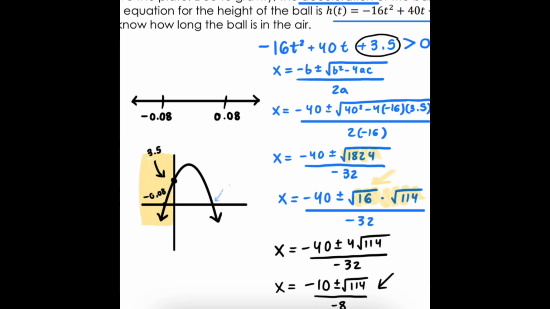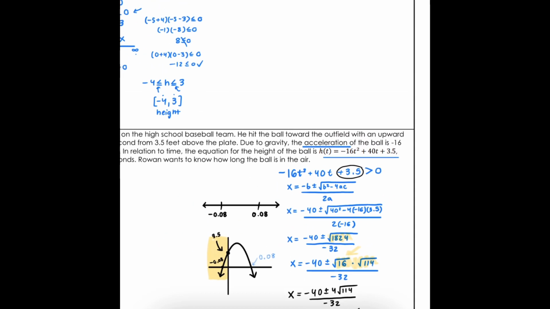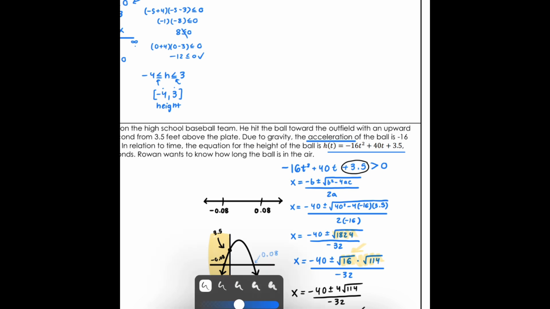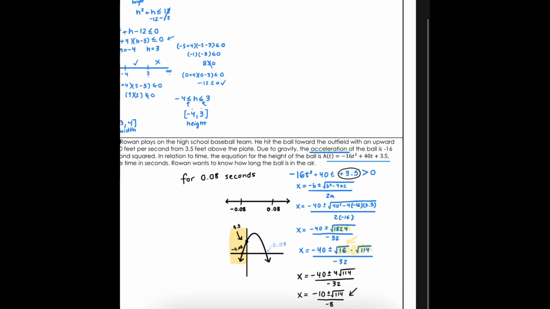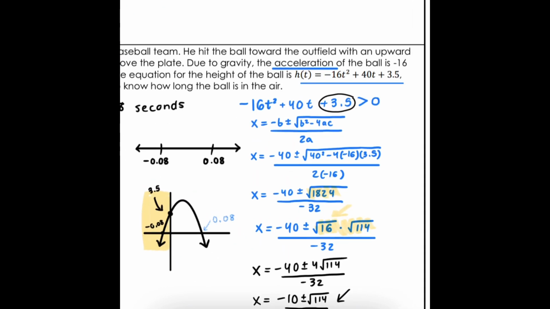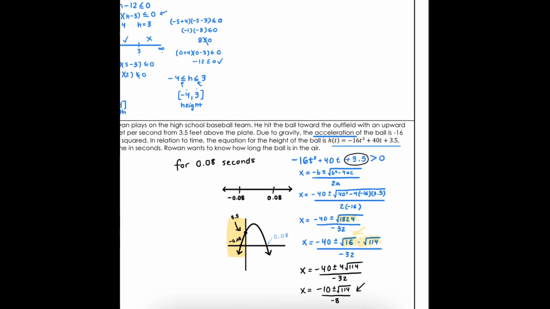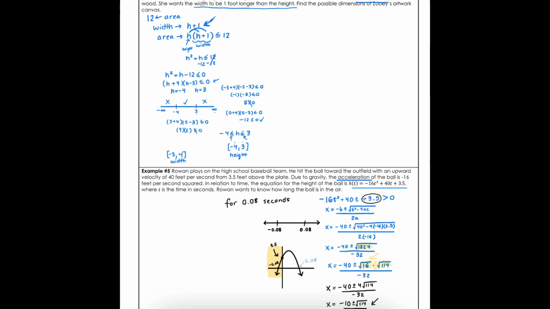So it hits the ground right here at the other intercept, the positive one. So the ball is in the air for, we didn't really have to test an interval here, because one of the values was negative, so it wasn't really necessary because there's only one amount of time that it touches the ground. So that's that one, and that's it.